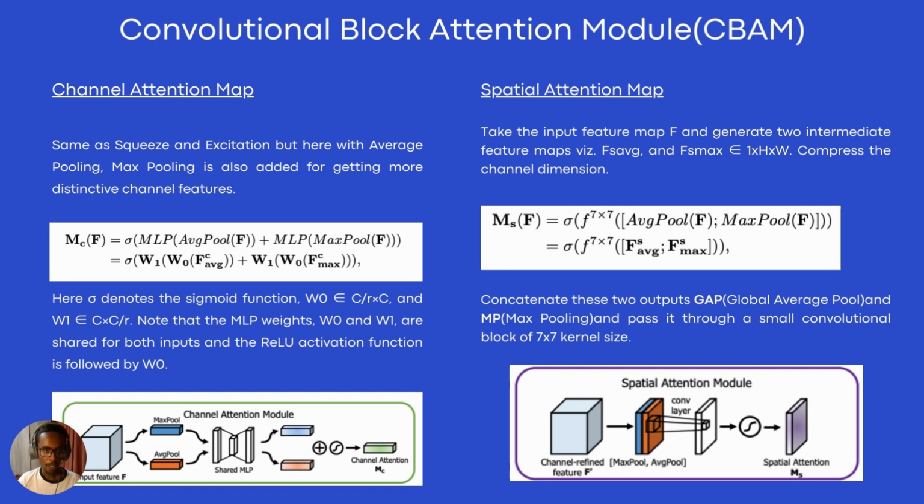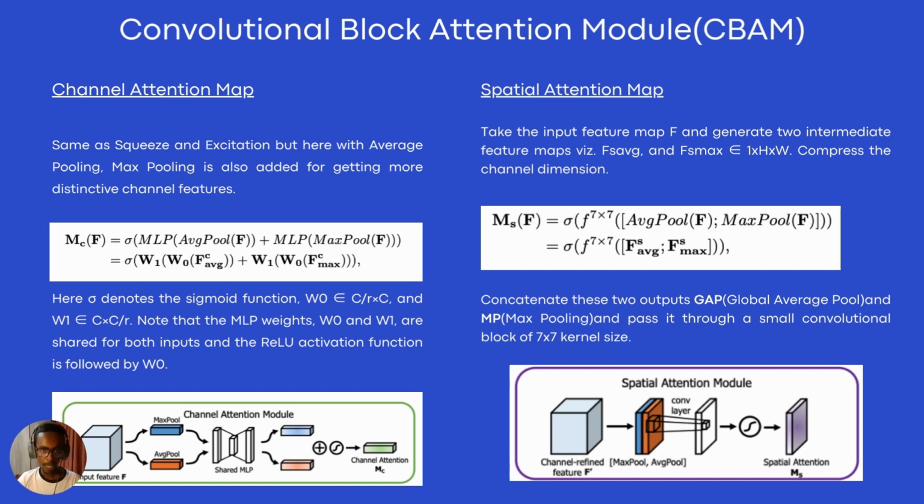On the MLP part, we can train the network to learn the weights W0 and W1, and we have used a ReLU activation function on the hidden layer of the MLP.